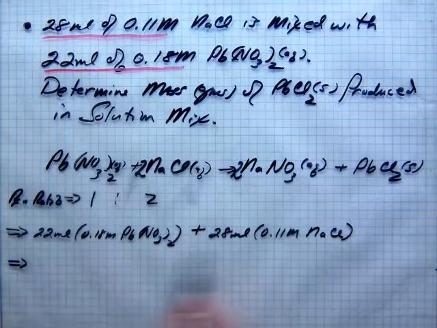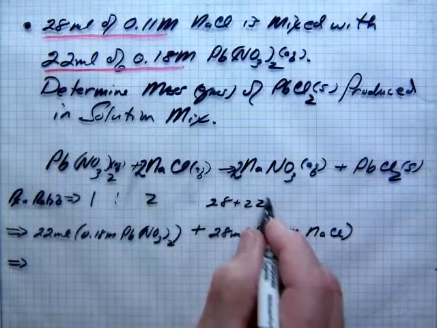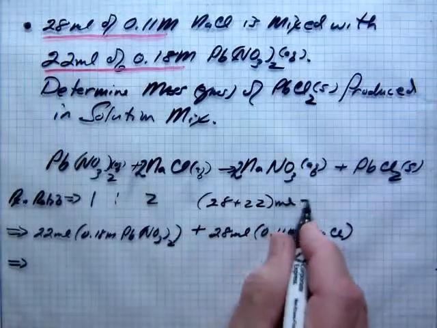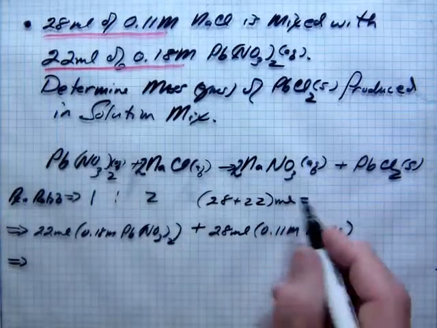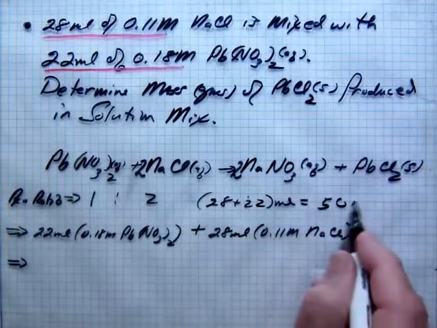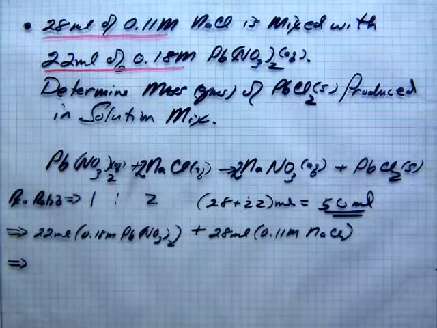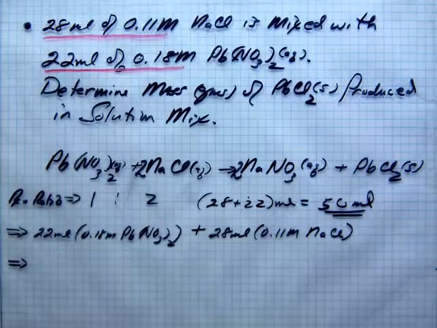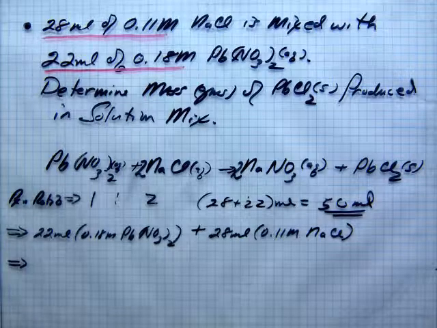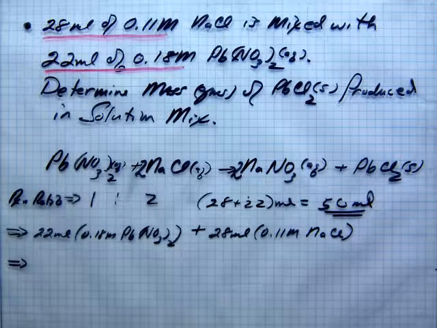When it's finished, we'll have 28 plus 22 milliliters in the final volume. So that'd be 50 milliliters final volume. You want to keep that because you'll have to convert the moles that you get out of the calculation back to solution terms.